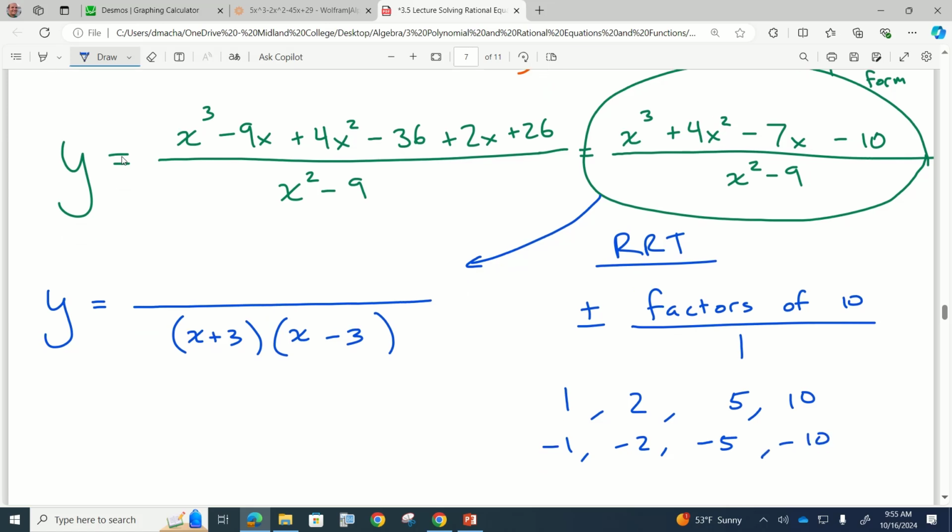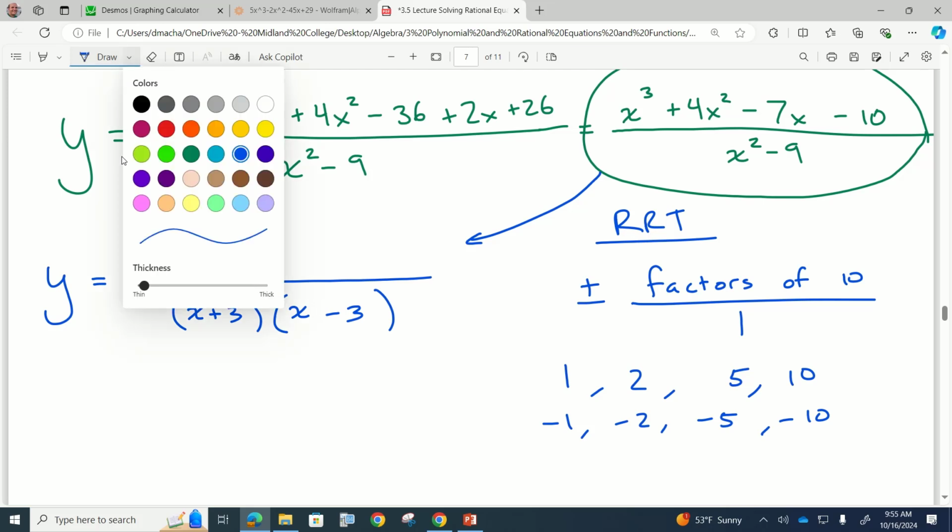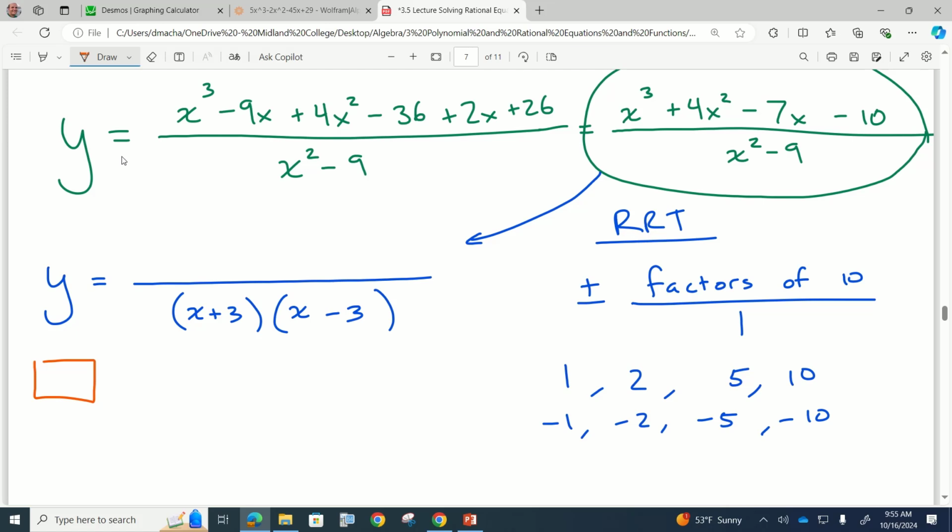This is what we're going to try out for potential roots. So I'm going to set up a little synthetic substitution. And the coefficients of my polynomial are 1, 4, negative 7, negative 10. I bring down the 1.